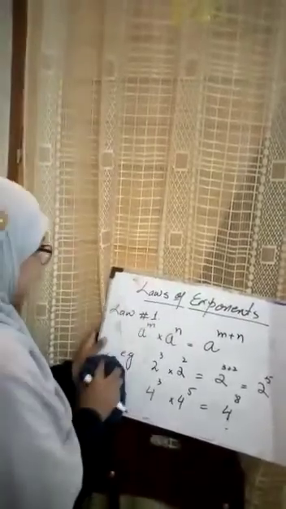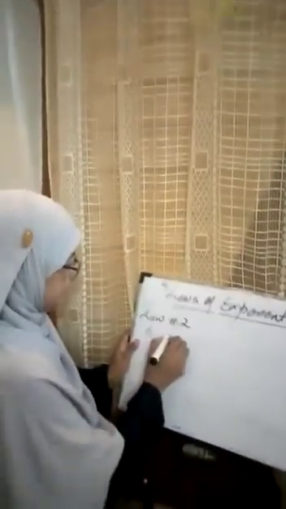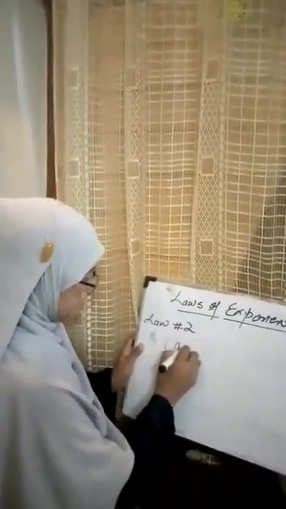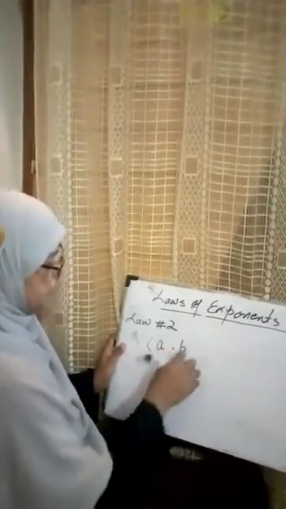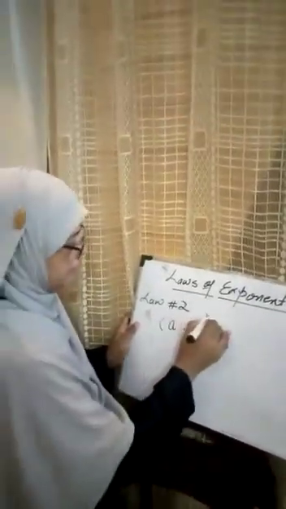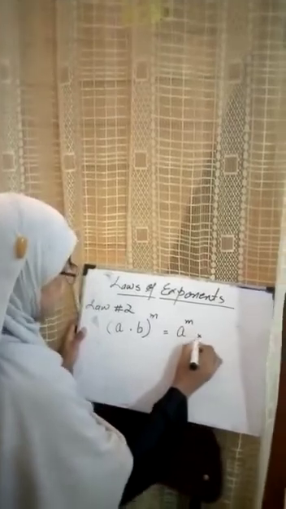Acha. Similarly, law number 2. Done? Okay. Law number 2: when bases are different, in general a multiplied by b on the whole to the power n. When we open it, its result will be a to the power n multiplied by b to the power n.